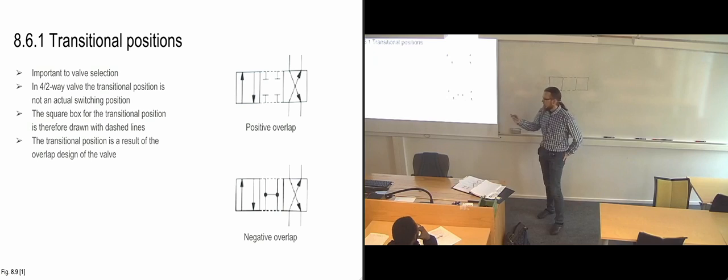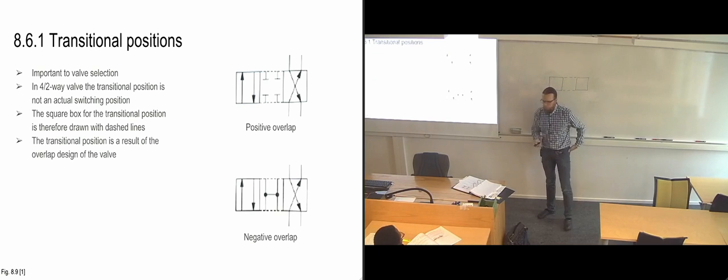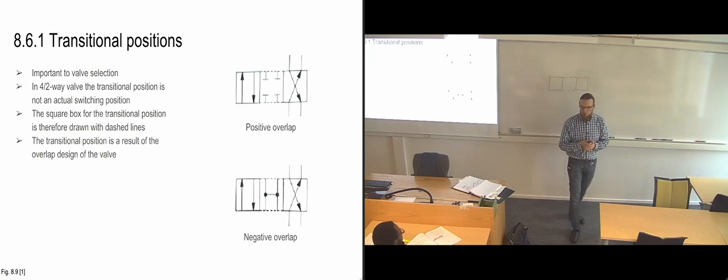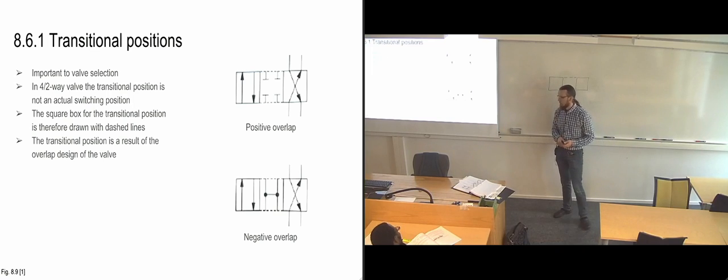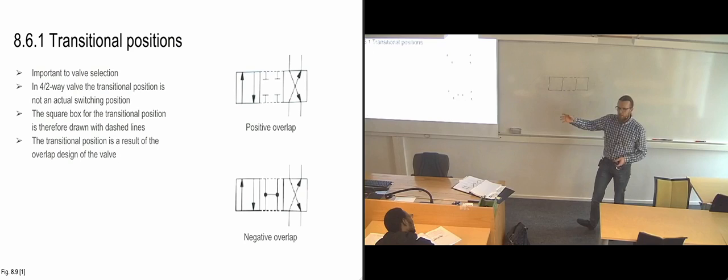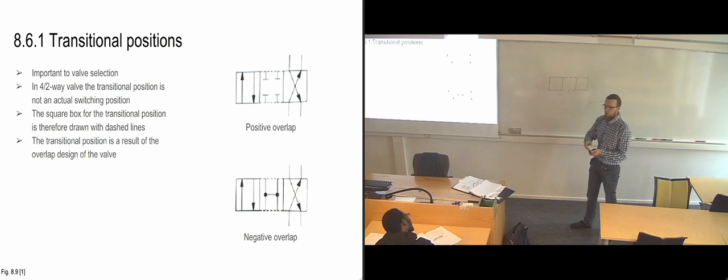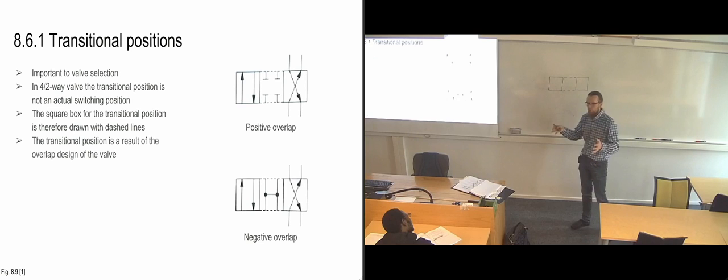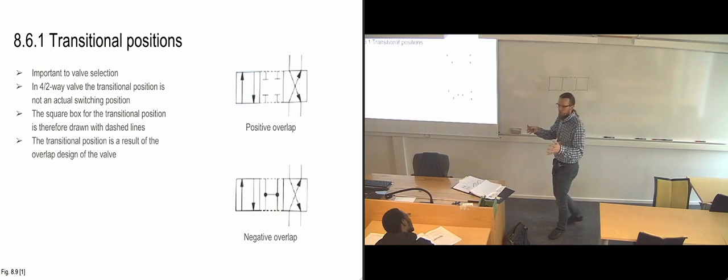But that's basically a part of you really needing to see what the function is. If you're supposed to run a cylinder, and it's very important that it stays in its end position, for example if you run it all the way out and it's very important that it stays in that end position until you actually tell it to come back, then this one wouldn't be all that good, because when you're releasing the pressure, you lose the pressure in your cylinder, and then you have to build it up again.